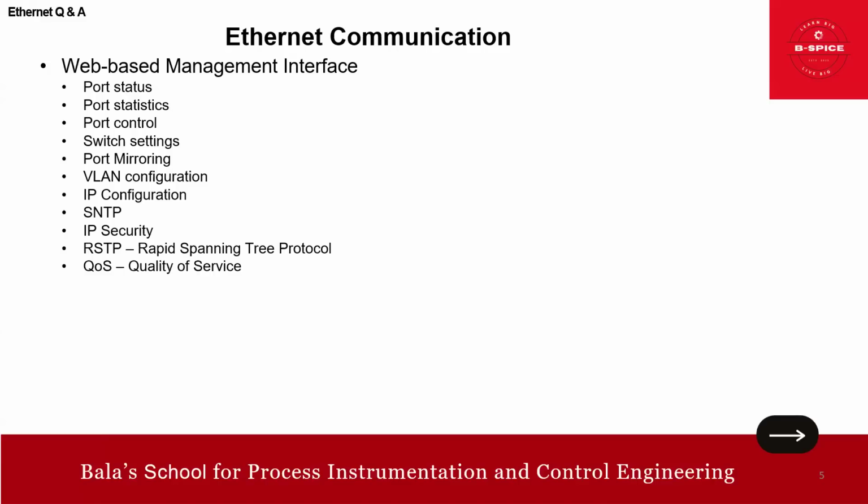Then we have IGMP, which we already talked about last time. Basically, the IGMP snooping function is a network switch feature that helps manage multicast traffic more efficiently. IGMP means Internet Group Management Protocol.